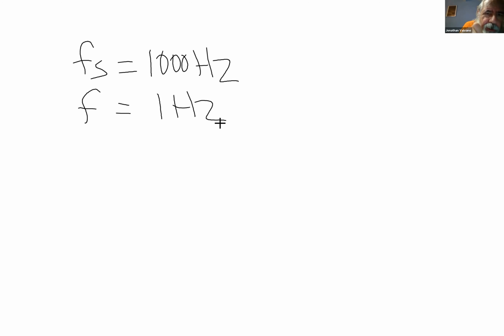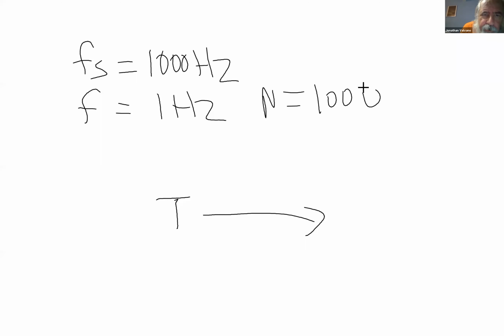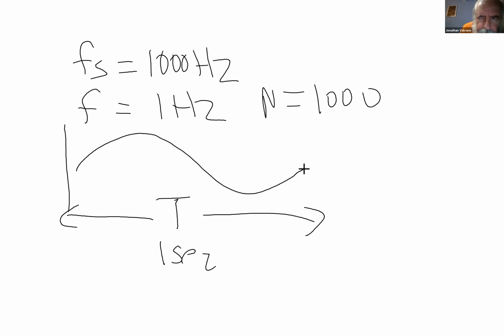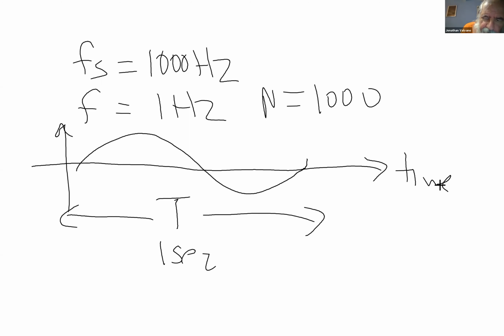If I've got 1 second here, N equals 1000 still, and it doesn't matter where I start, I'm going to get exactly one waveform here. Right? Amplitude versus time.